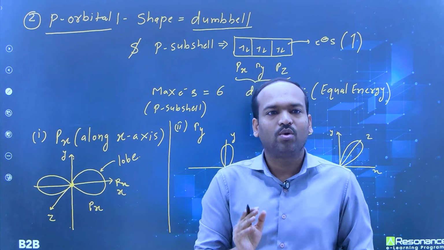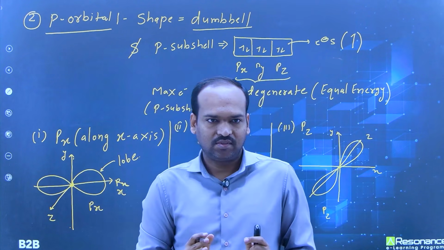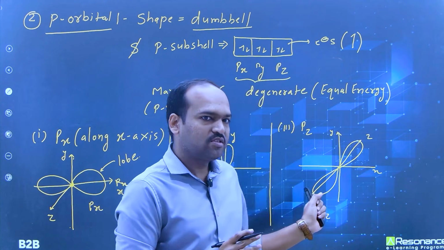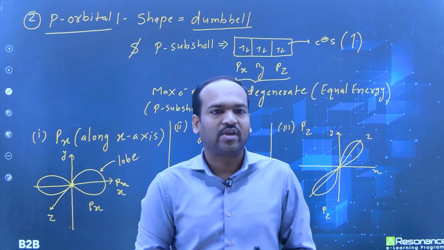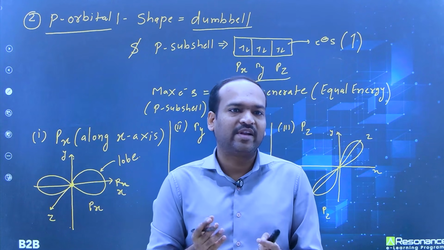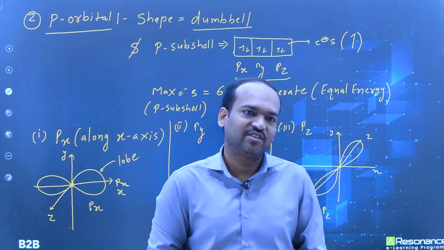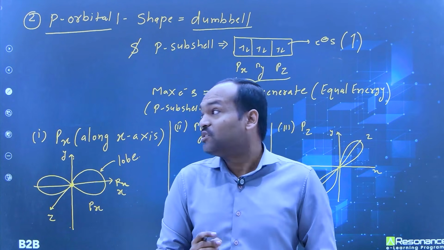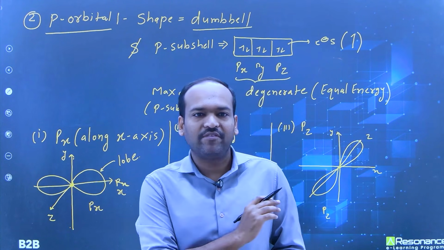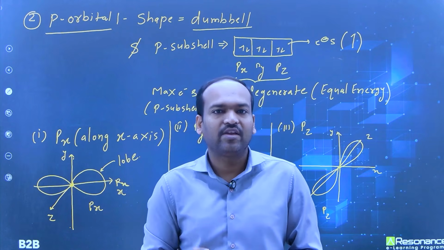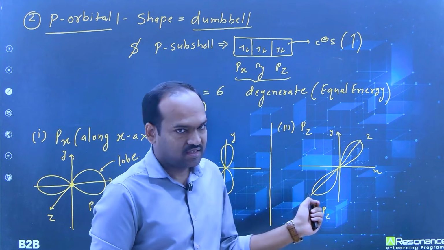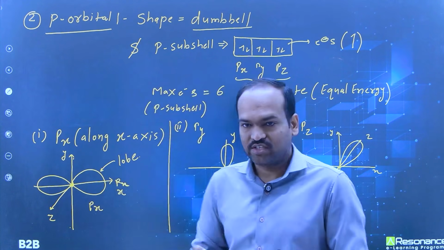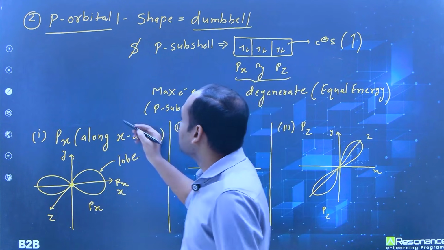Now, if I show you everything in a cube, all 6 lobes, please focus on what I am explaining, or you'll miss this. If I show everything in a cube, then the lobes are along the axes. Listen carefully.